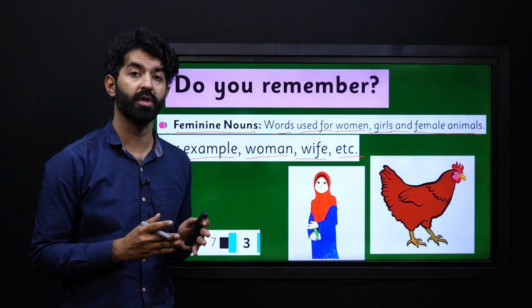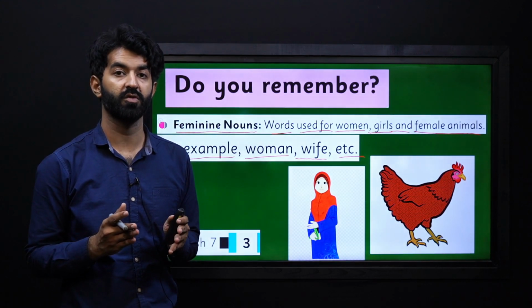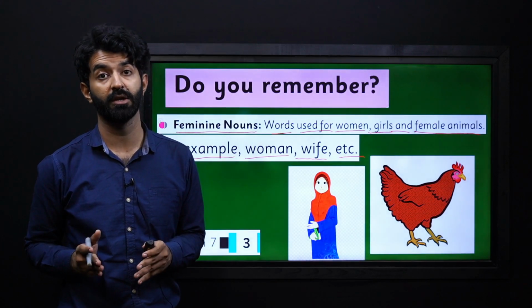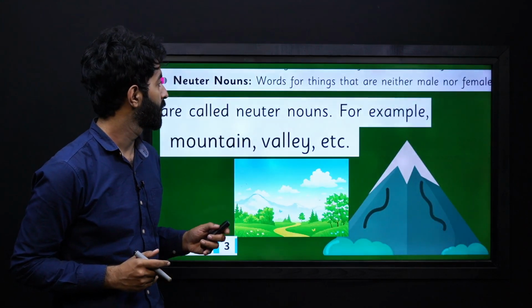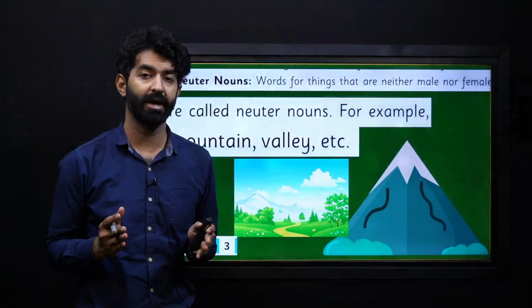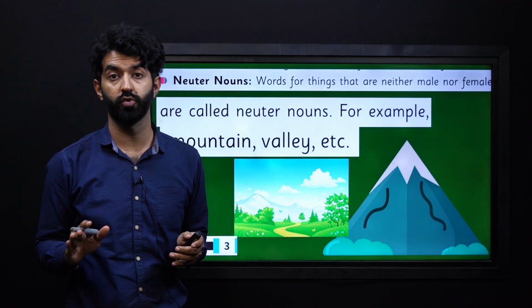So we saw both masculine nouns and feminine nouns. It means that we saw the nouns that are of masculine gender and feminine gender. Now we have some nouns that do not fall in any kind of gender category, hence we call them neutral nouns or gender neuters.